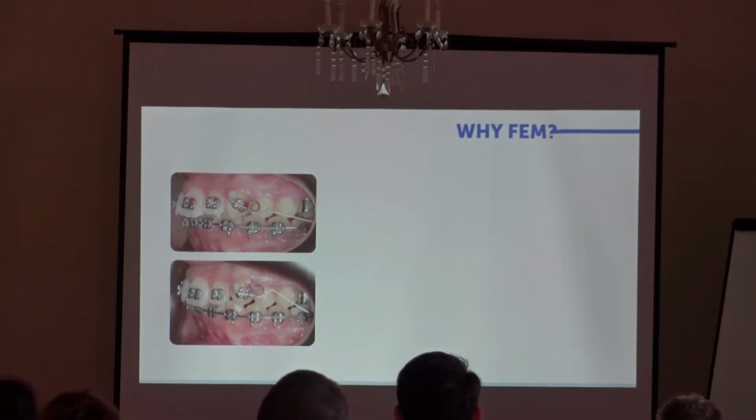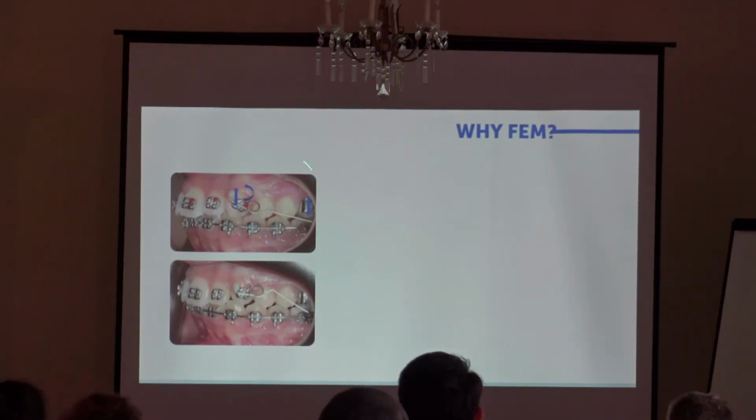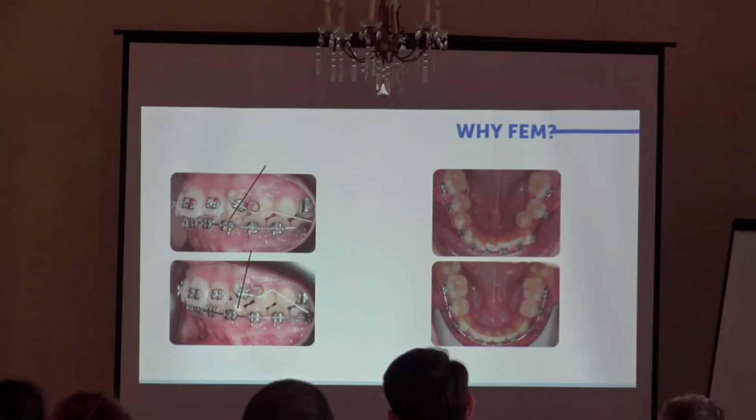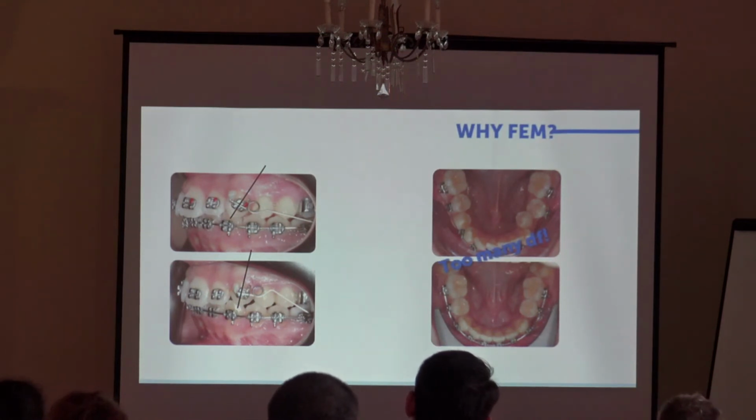For example, in this case, we have only a 3-point contact force system, so we can know that by applying a single force here of a certain amount, we will have another force here and also a rotation on this tooth. And we can calculate this pretty easily. But on the other hand, when we go to much more complex systems, it becomes really difficult to know exactly what is going on because the system is too complex.